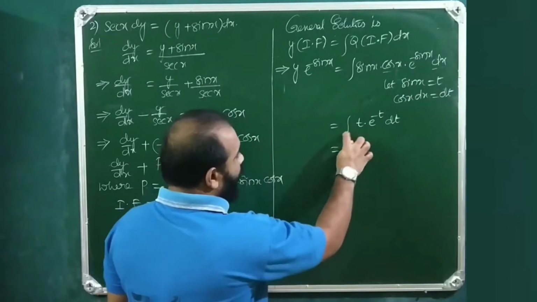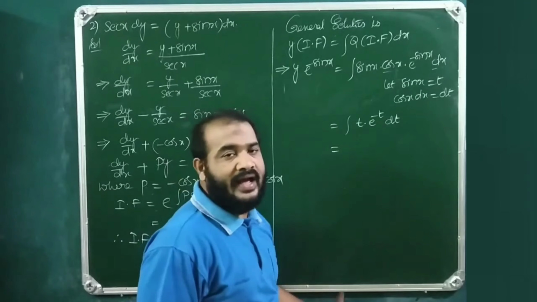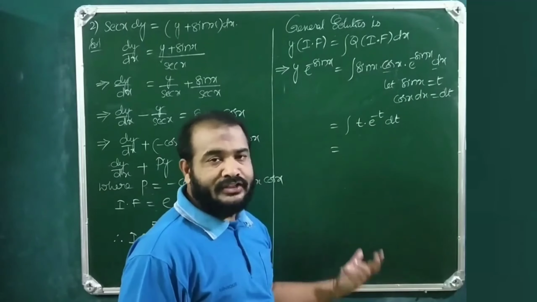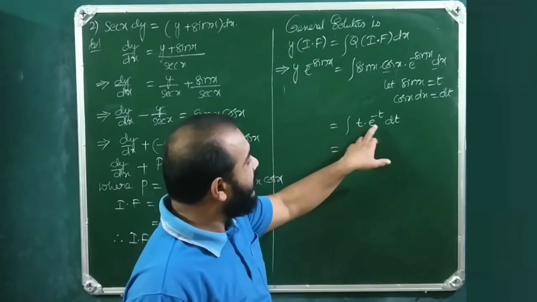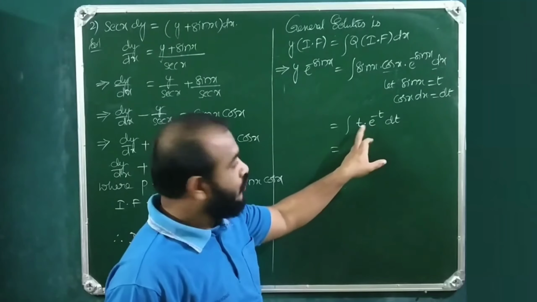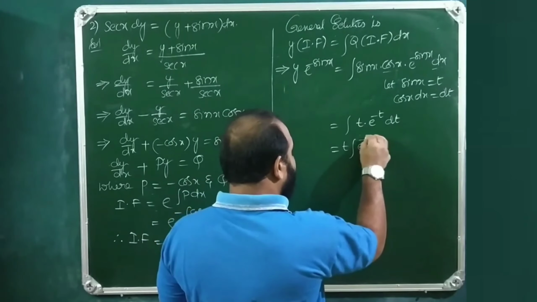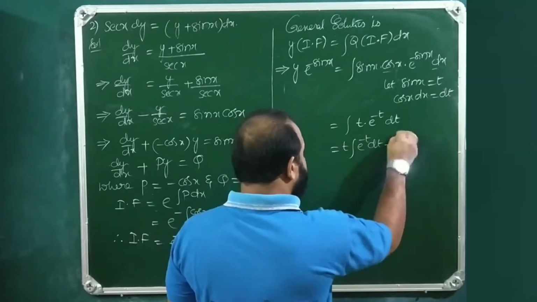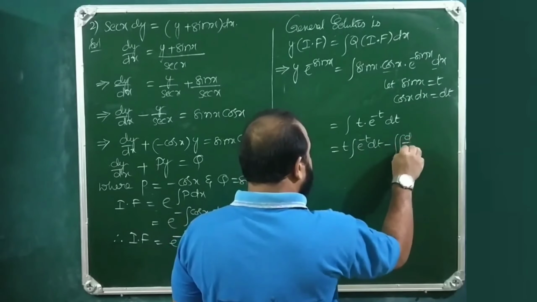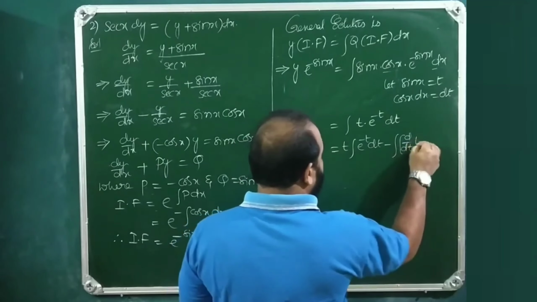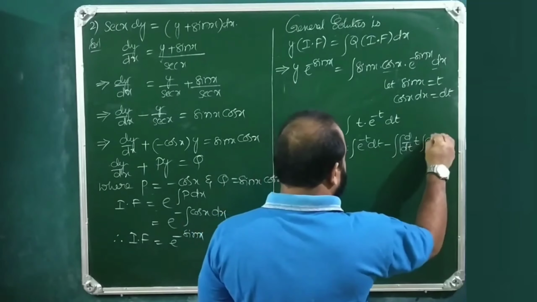So this is a product of two functions, so we use integration by parts, taking the algebraic function first and the exponential second. The formula is: first function into integral of second function, minus integral of the derivative of the first function into integral of the second function, whole dt.